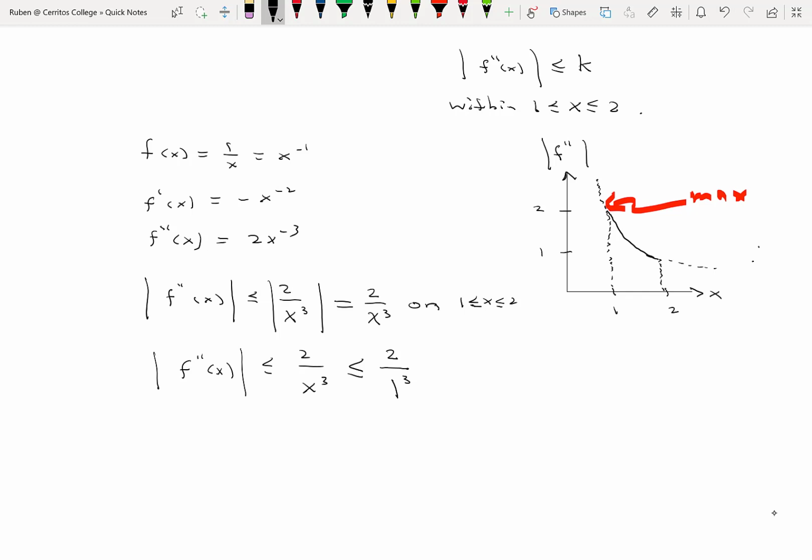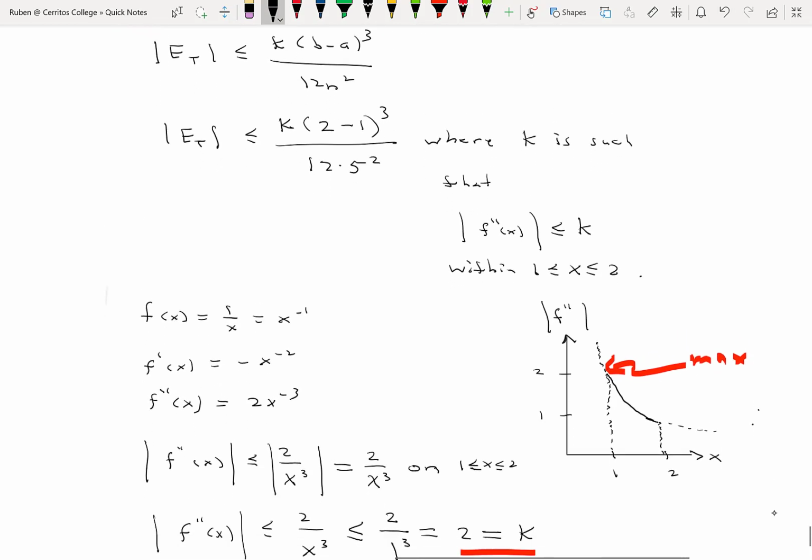I'm substituting the left-hand endpoint because that's where this decreasing function has its maximum value. And that's 2. And that's k. Okay, so our k is 2, and we can go ahead and finish up our problem.